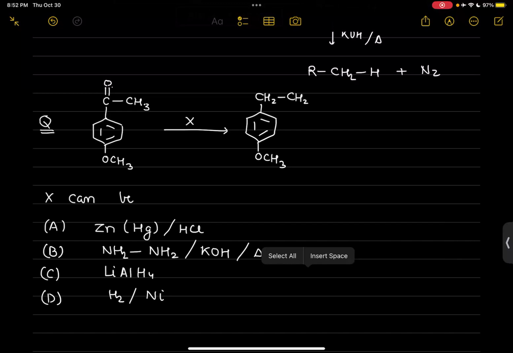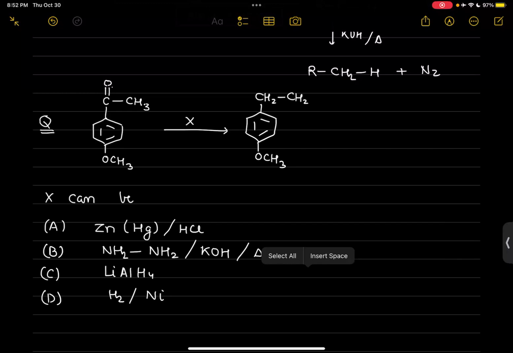One thing is sure that all of these are reducing agents. All of them are causing reduction. But which is most appropriate, because this is a single correct choice. All of them can't be correct. Only one option is correct.